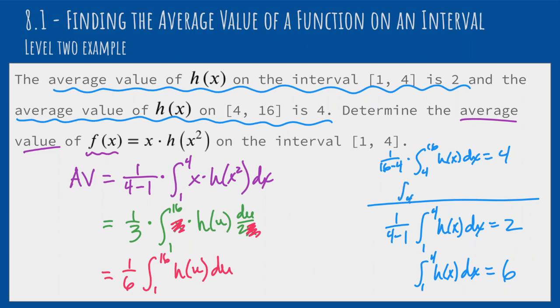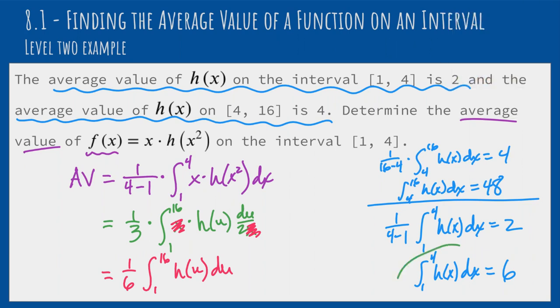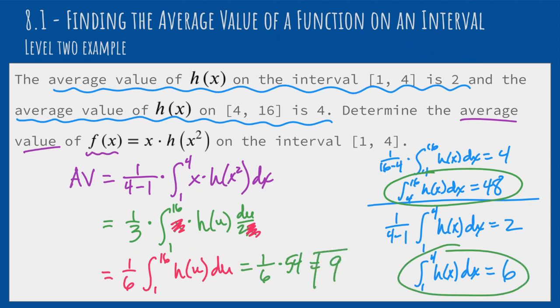So the integral from 4 to 16 of h of x dx is equal to 48. What that means is the integral from 1 to 16, which is this integral plus this integral, that whole thing is going to be 54. So this is going to equal 1/6 times 54, which is 9.